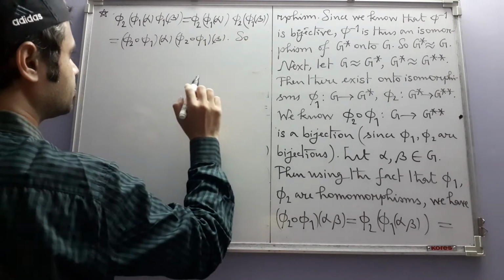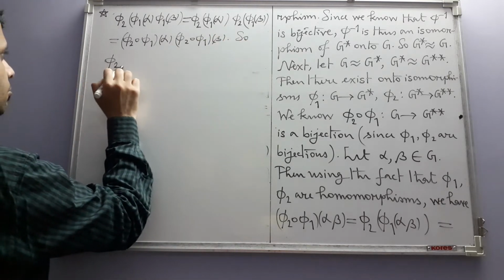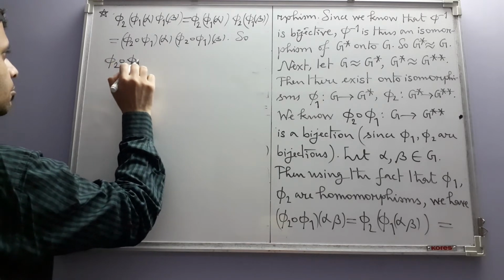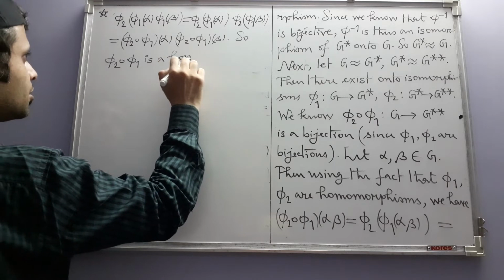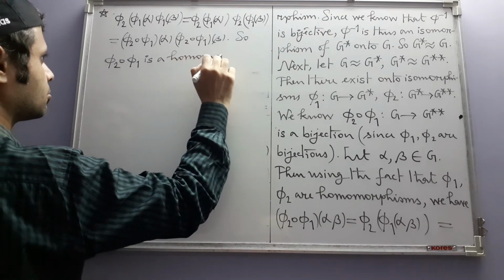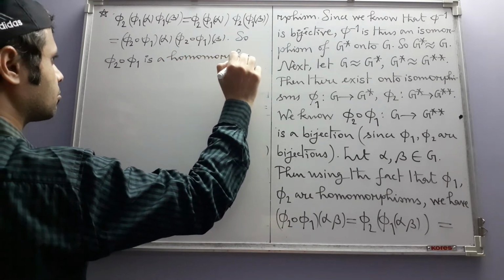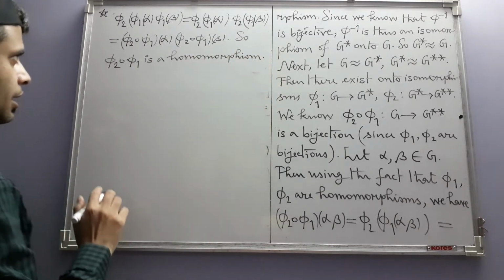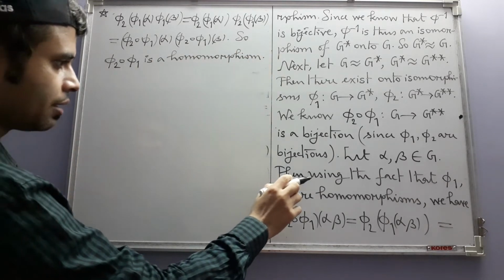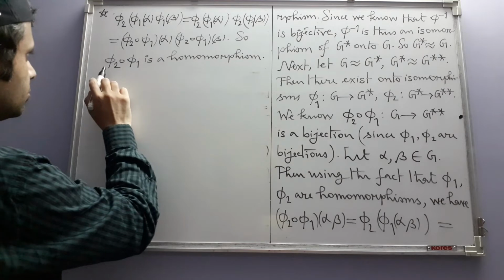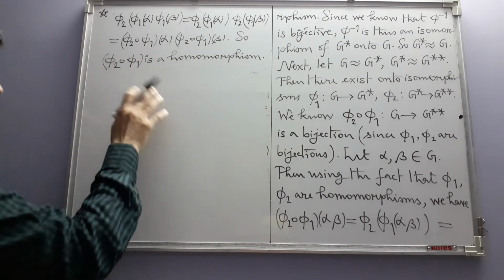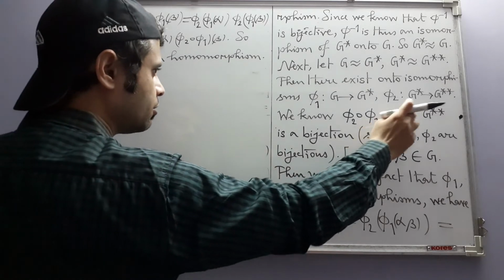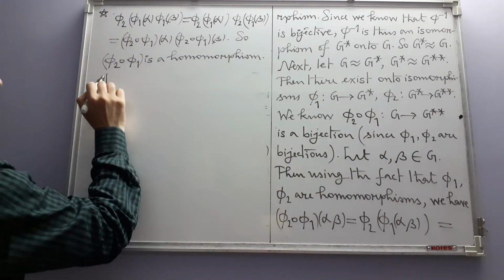So this is a homomorphism. And bijectivity of this map now tells us that it's an isomorphism of G onto G double star.